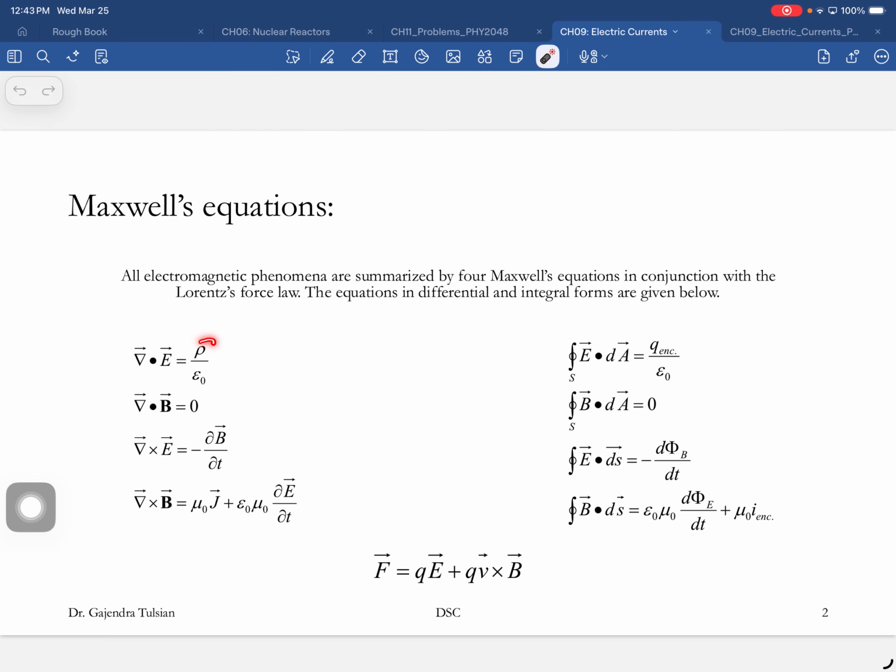This is charge density, so this equation tells you charges produce electric fields. And now we're getting ready to study moving charges. This is current density, and current density produces magnetic fields. That's what that equation is telling you.